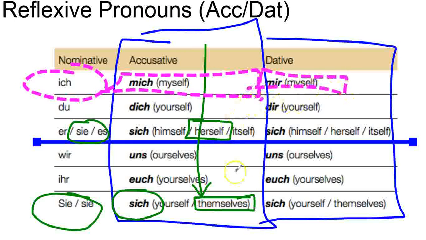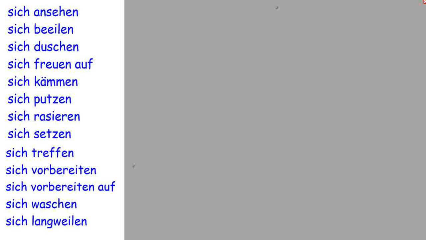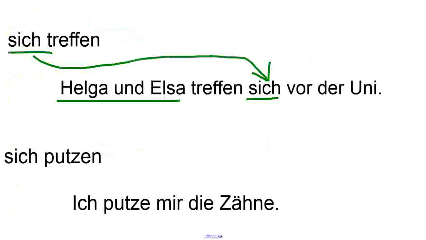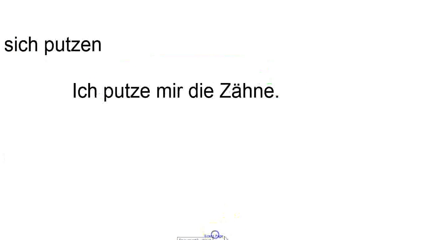Now, why did I use mir? Let's dissect this, shall we? I used mir because of the case. So we have to use some reflexive pronoun. In this sentence, it's mir.